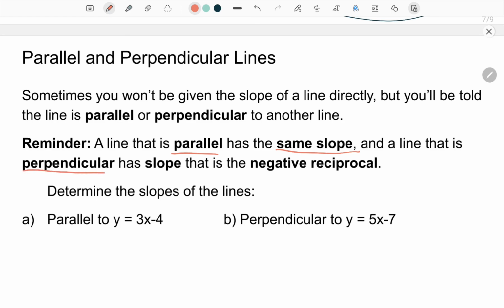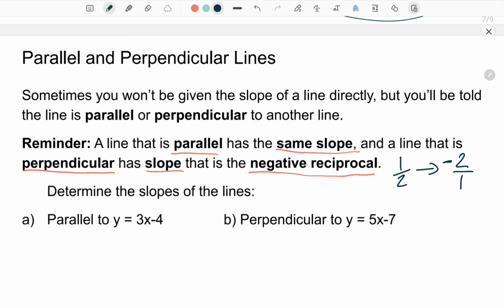Whereas if you have a perpendicular line, the slope of that line to the thing that it is perpendicular to, we say is the negative reciprocal. Negative reciprocal meaning, let's say if you had a slope of 1 over 2, well, the negative reciprocal is just flipping the fraction, 2 over 1, and turning it into negative. So negative 2 over 1.